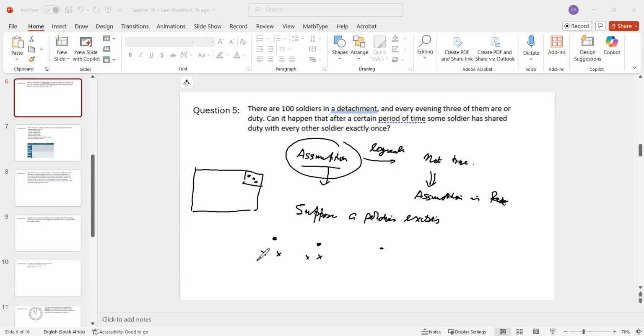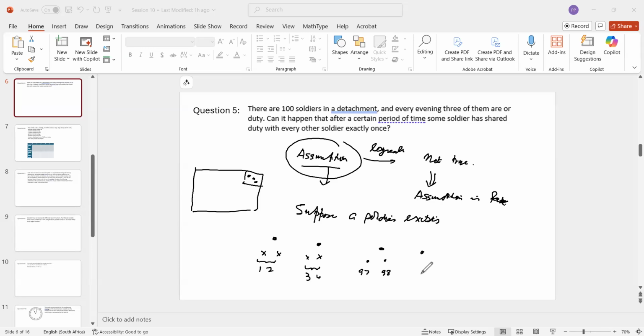So the first round, he got two new people. And is it possible that you're going to have two new people all the time? It's not possible. When you come to the 98th, this is two, and you've got four people, and the 97th and the 98th. This is the first and second, he shares with them, third and fourth, he shares with them, comes to this. Now he's stuck because he's got only one other person left here.